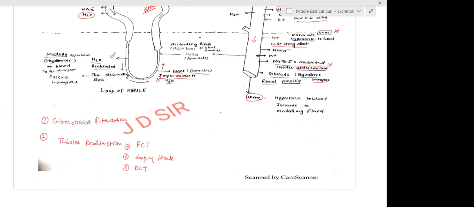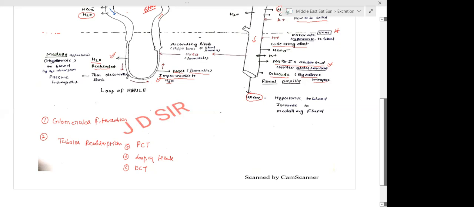Water is reabsorbed. Look, here the water is getting reabsorbed. Osmosis means a passive process, means energy is not expended over here, right? So for the descending limb, you have to keep in mind that this question has been asked a number of times: the descending limb is permeable to water, but the ascending limb is not permeable to water. I'm reminding again and again because this question has been asked massively in different medical examinations, right?